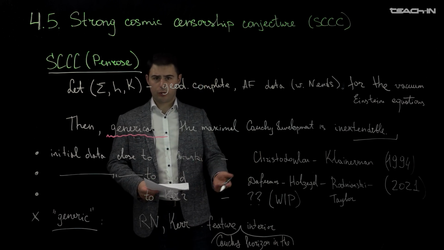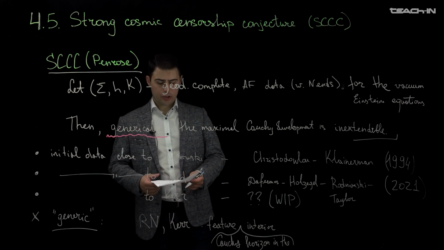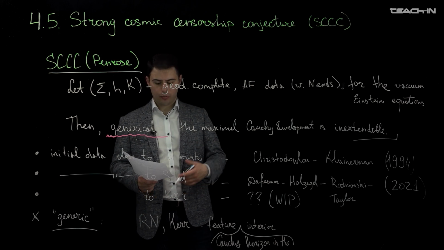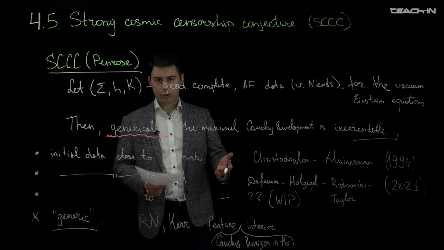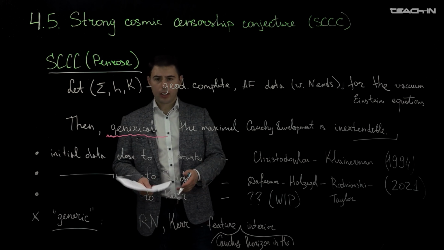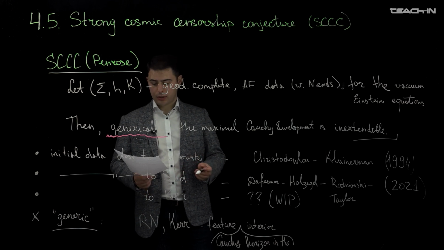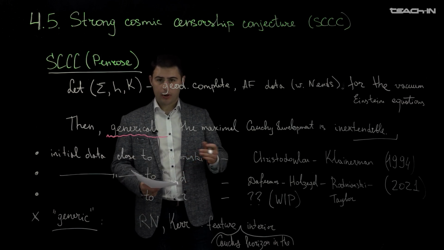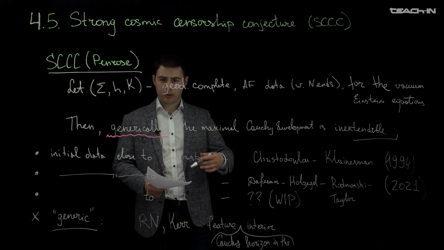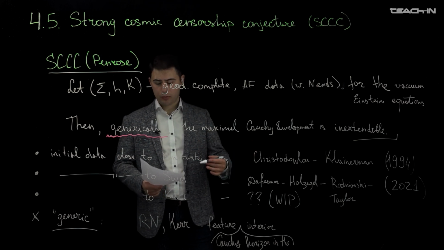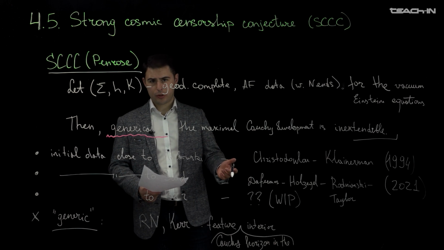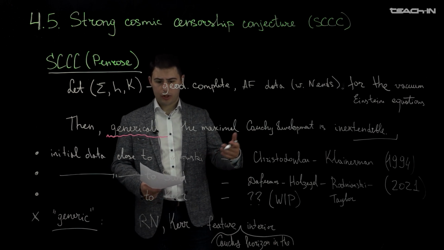As a conclusion, the conjecture is naturally extended to include matter with hyperbolic equations of motion. In fact, when considering matter in future sections, we would prefer to consider physical matter, as we'll explain in a future lecture.